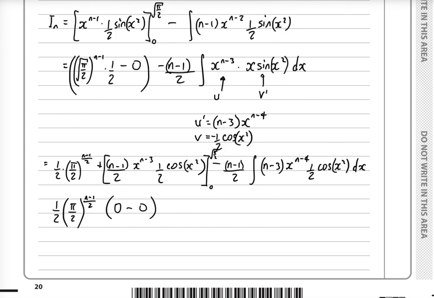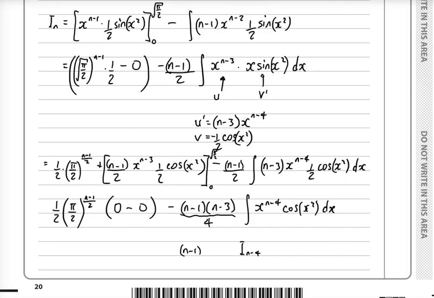And then here we've got minus n minus 1, n minus 3, and if we pull the half out, together with the other half that's already there, that's a quarter, and then we have integral x to the n minus 4 cos of x squared, which we can replace with I_n minus 4.